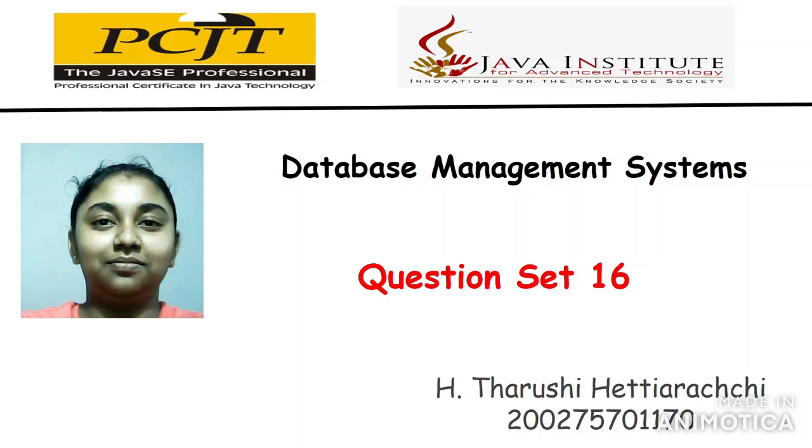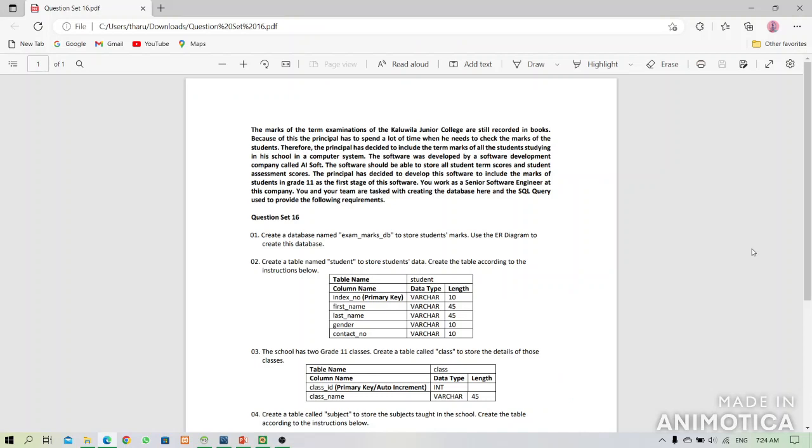We'll see. The marks of the term examinations of Kaluvilla Junior College are still recorded in books. Because of this, the principal has to spend a lot of time when he needs to check the marks of the students. Therefore, the principal has decided to include the term marks of all the students studying in his school in a computer system.